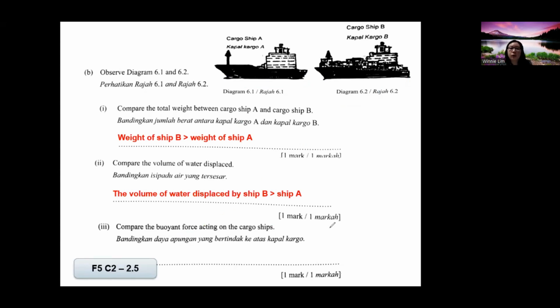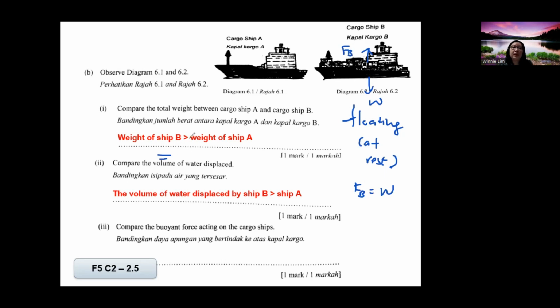How do you get the idea of buoyant force for this context? Both cargo ships are floating. Floating means at rest, they are not moving. So in this context, you link with the concept of resultant force as well. Therefore, the buoyant force equals the weight. Which one has greater weight?